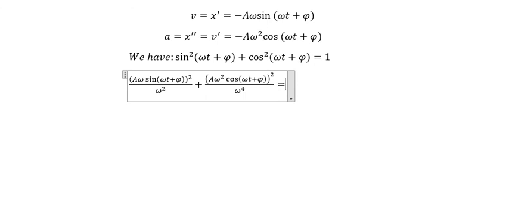Now we can eliminate this omega and omega, so you get A multiplied by this one with the power 2, and similarly for the cosine.